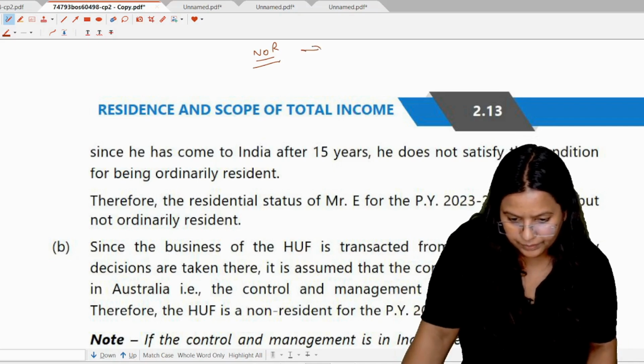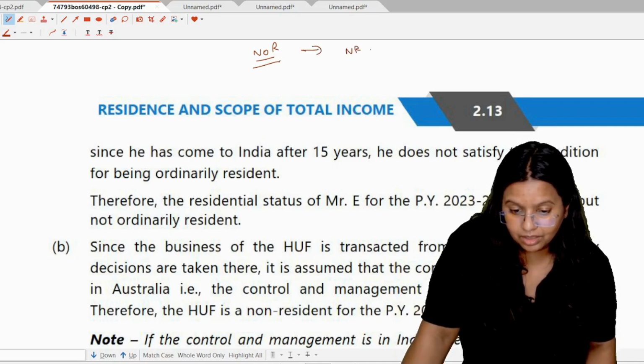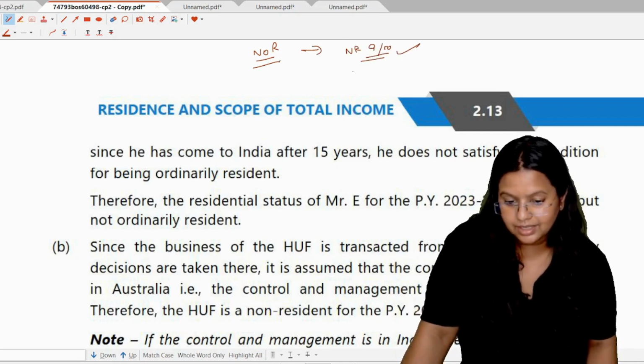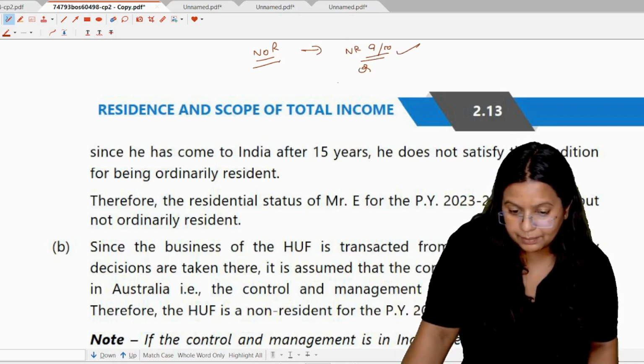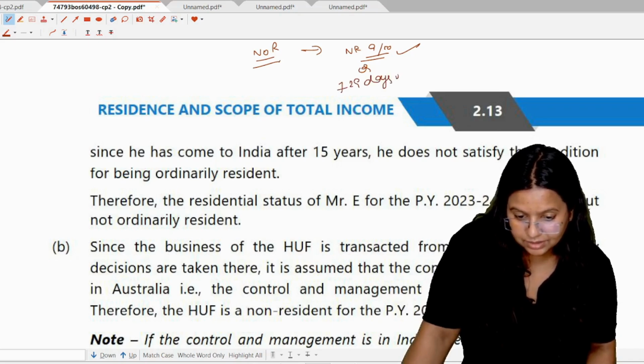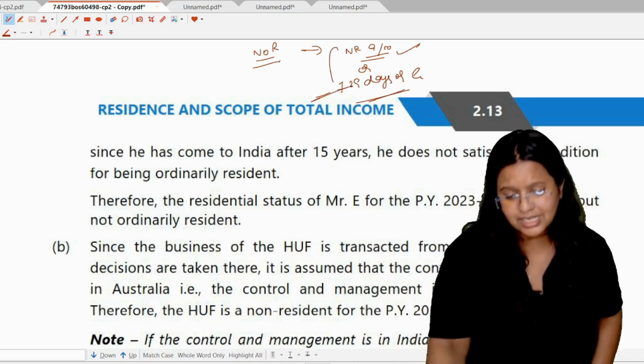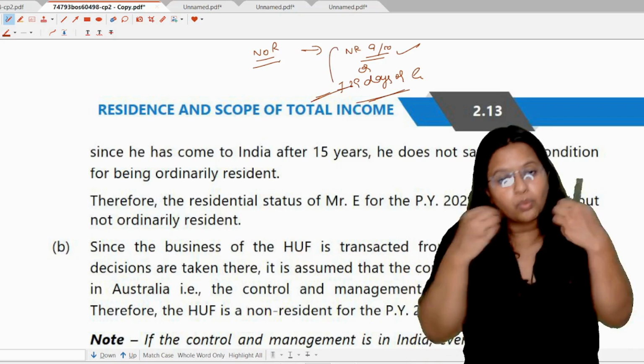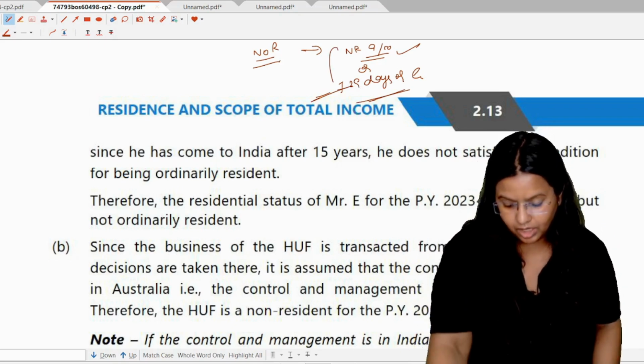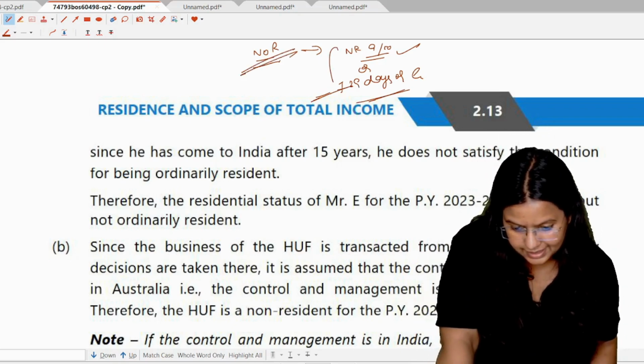First, he must be a NR for at least 9 out of 10 years. Yes, he is a NR. Second, he must be in India for 729 days or less. Here, we have to satisfy any one of the conditions, but in this question both conditions are satisfied. So here, he is a not ordinary resident.